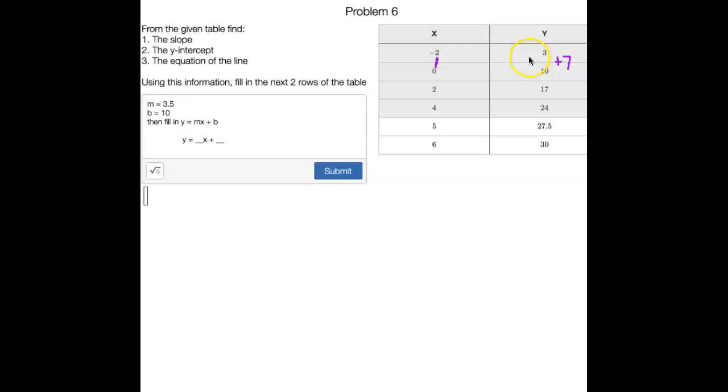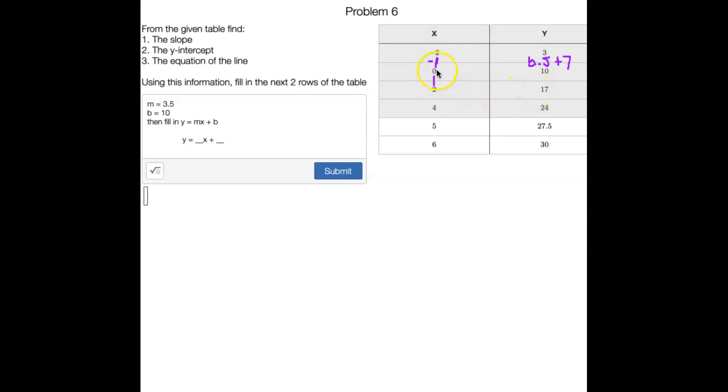It would go 3 plus 3.5 would give me 6.5. And then if I add 3.5 again, 6.5 plus another 3.5, I get 10. And I'd go to 0. My bad, this would have been a -1, not a 1. And then here, imagine if there was a 1 there.